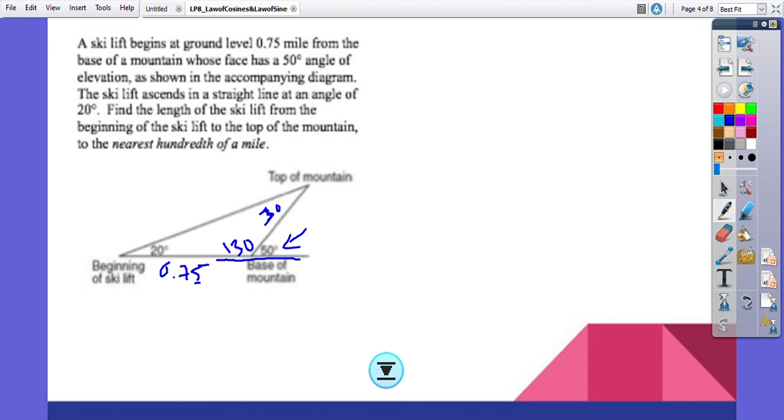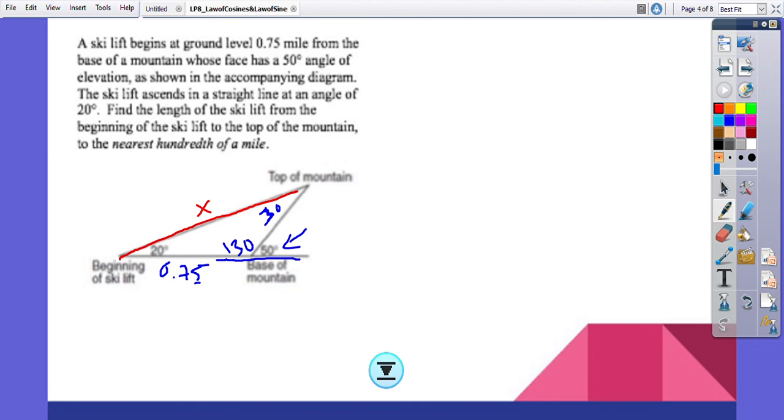The ski lift ascends in a straight line at an angle of 20. Okay, we know that. Find the length of the ski lift from the beginning of the ski lift to the top of the mountain. So essentially what they're asking for is the distance right there. We're going to label that as x.